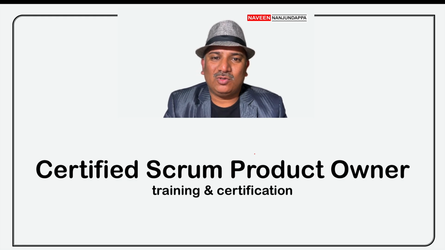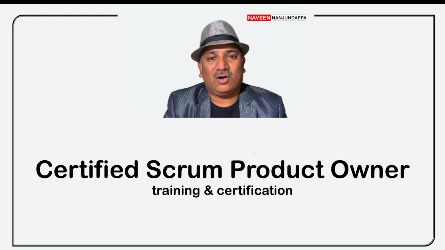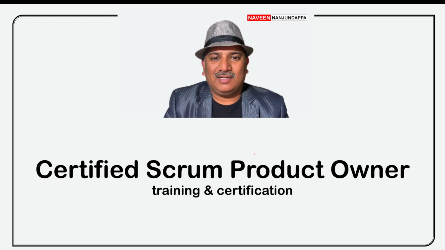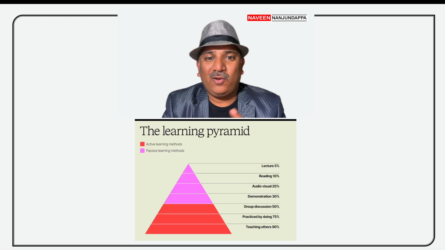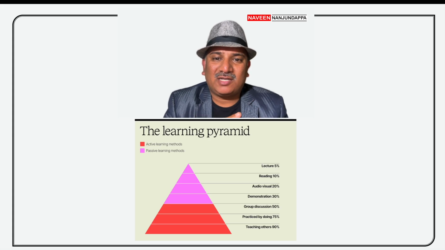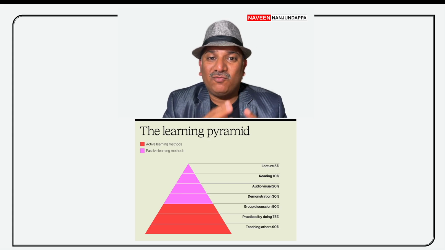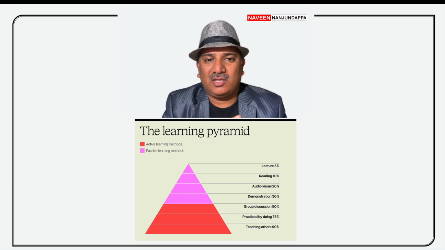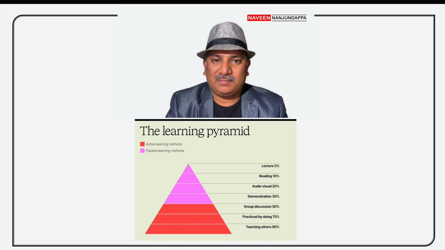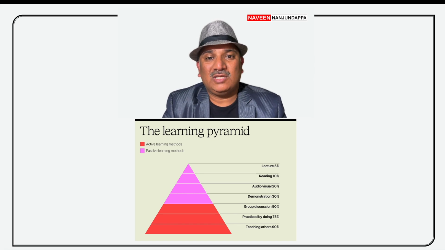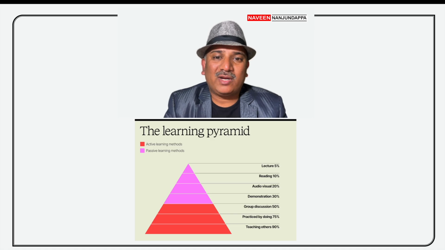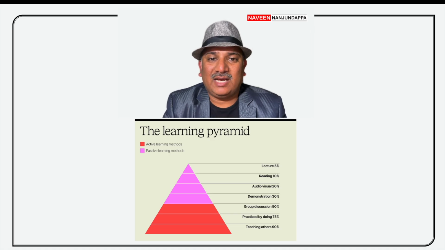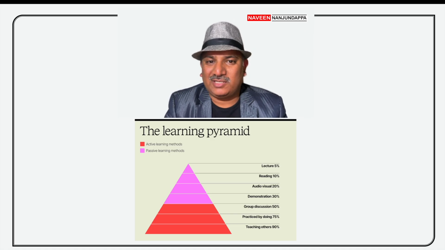Let me walk you through the content of the Certified Scrum Product Owner training. I strongly believe in active learning methods. I want to ensure that every participant is engaged, involved, and keeps learning irrespective of their experience level. A person who is getting started with product ownership as well as an experienced product owner both gain more insights from my training.